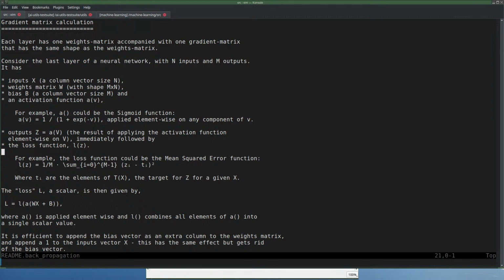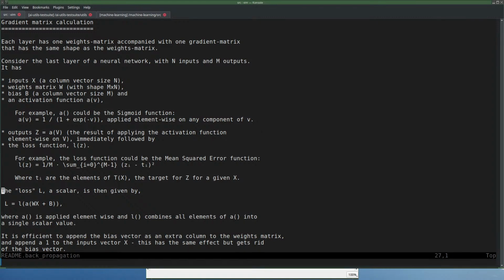The layer also has a loss function if it's the last layer. For example, the loss function could be the mean square error function: 1 over m times the sum over all outputs of the squares of the differences of the prediction and the target, where ti are the elements of t as a function of x, the target for z for a given x.